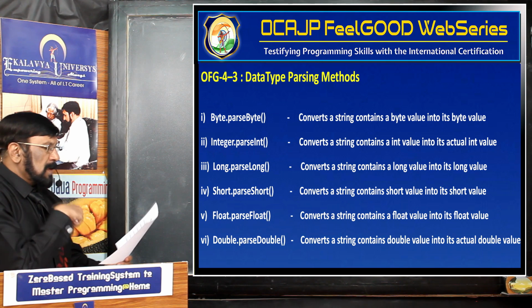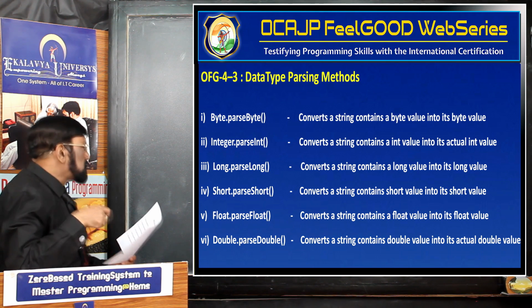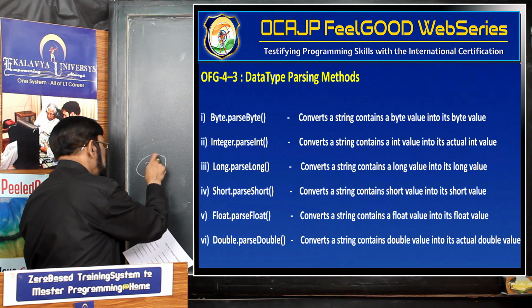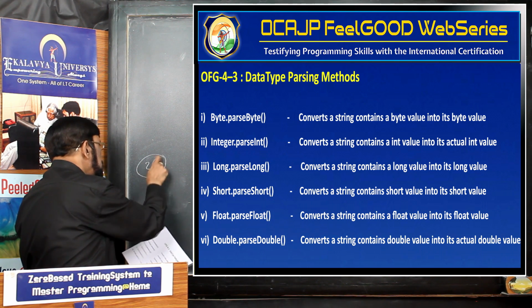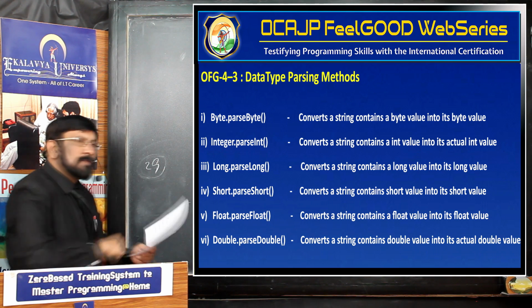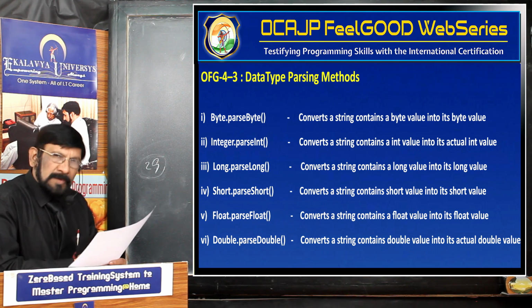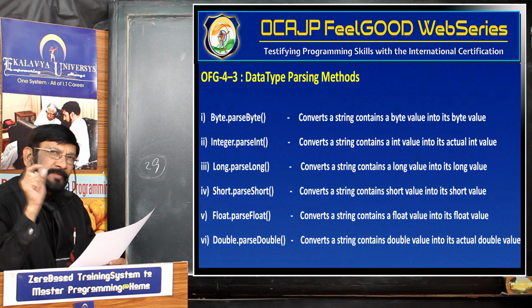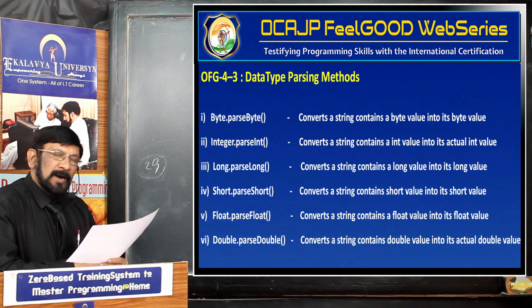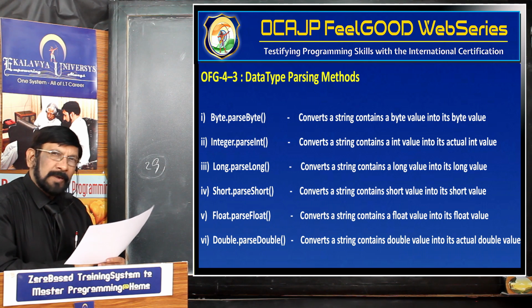See, the first one is Byte.parseByte. Suppose in a command line argument you entered your age, 29. It is a byte. If you want to remove this layer, that is, extract the byte value, you have to use Byte.parseByte. Easily you can remember, but it is case sensitive, you must understand that.